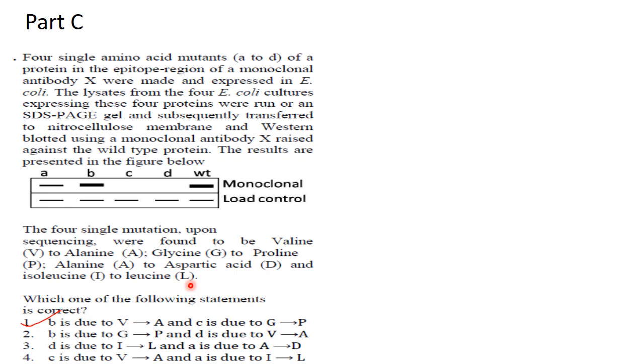So before coming to the answer, I would like you to know what is called a conservative replacement. In this particular type of replacement, an amino acid in a protein is replaced by a different amino acid but with similar biochemical properties. That is, it will have the same charge, hydrophobicity, size, but it will be an entirely different amino acid.